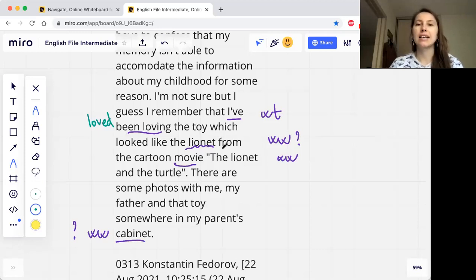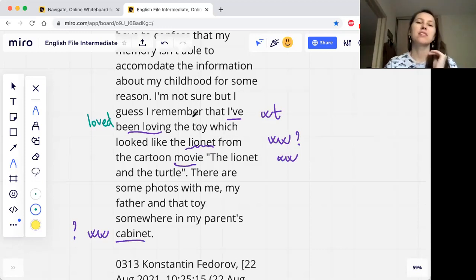I like the lioness. So maybe it's a wrong word. I think you meant львенок. But if you Google the word lioness, it will usually give you an idea of a she lion. So this is an adult lion, a female lion.